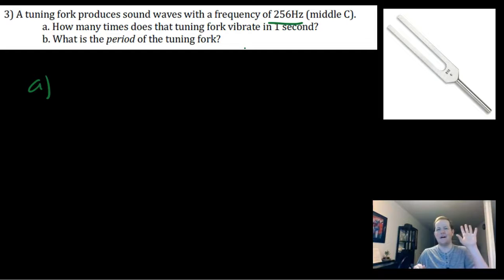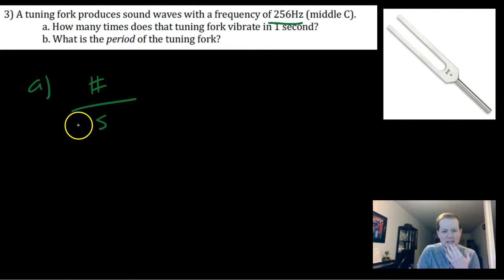It's asking for vibrations per time. I know it's not saying the number of waves, so if you're confused about this, it's understandable. Again, in class I'd be walking around to clear things up. But it's asking for the number of vibrations in a unit of time. What does this look like to you? That was frequency.